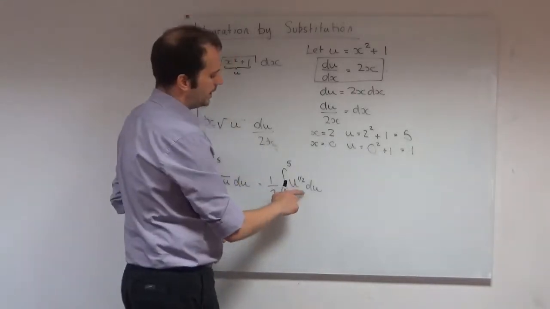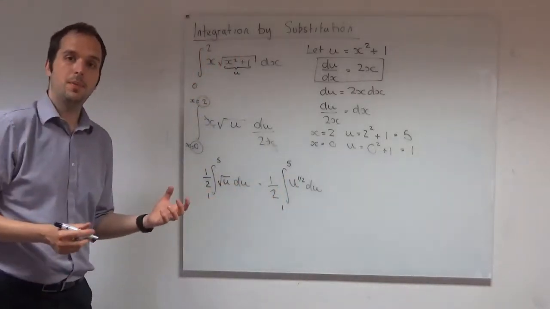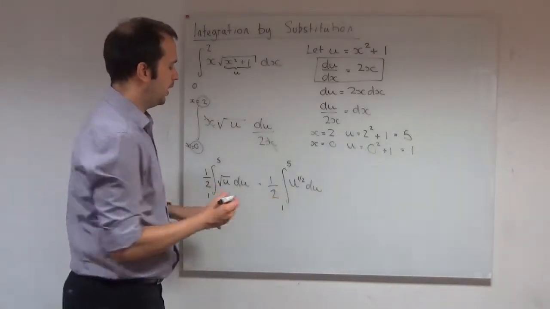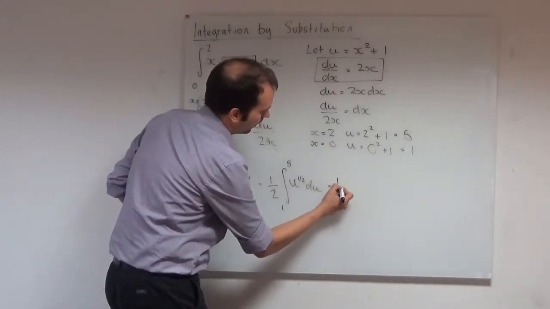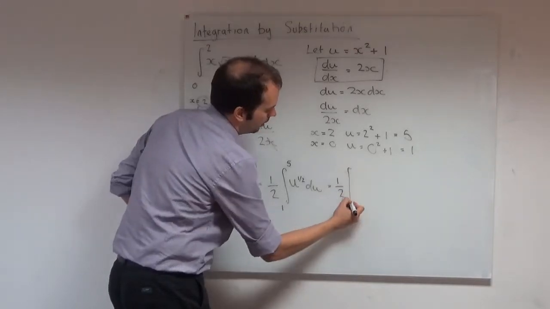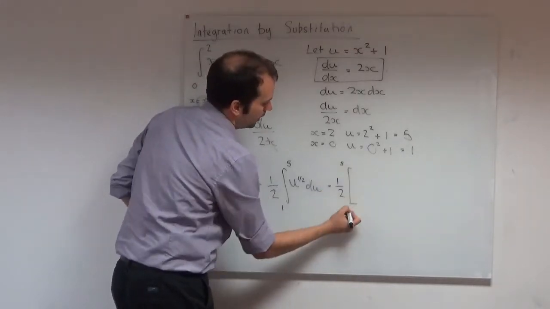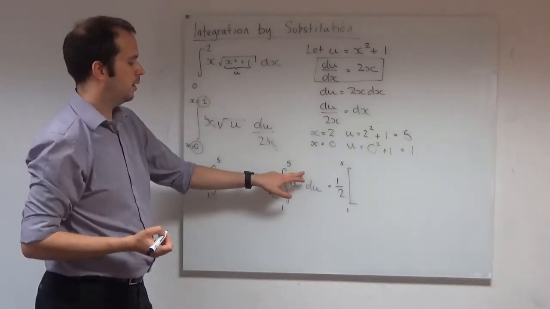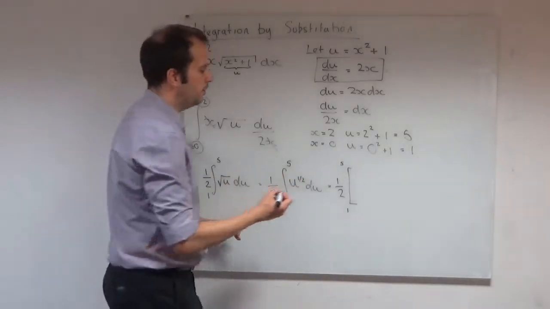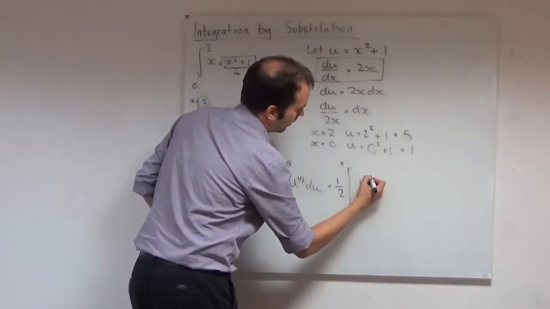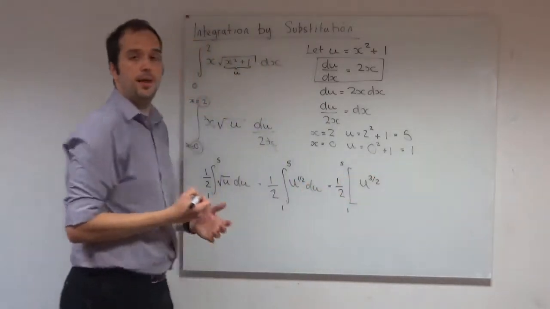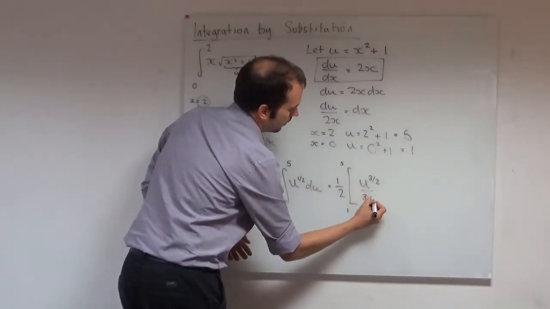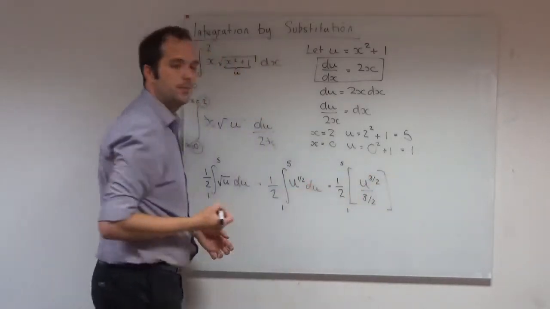We can now do this integration. Remember, when we're integrating just powers, add 1 to the power, divide by the new power. So what are we going to get here? We've got a half. I'm now putting in square brackets with our limits on. It will be u to the half plus 1, so that's 3 over 2. And then I divide by my new power, so I'm going to divide by 3 over 2.